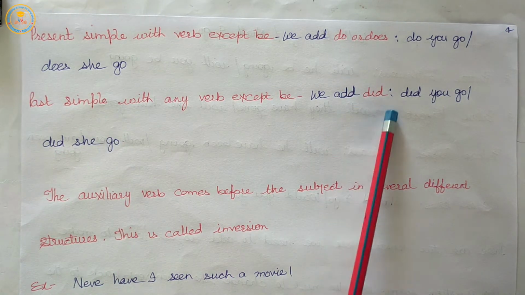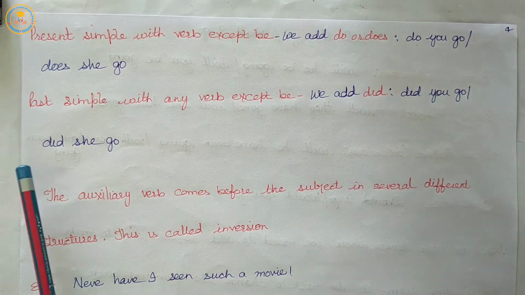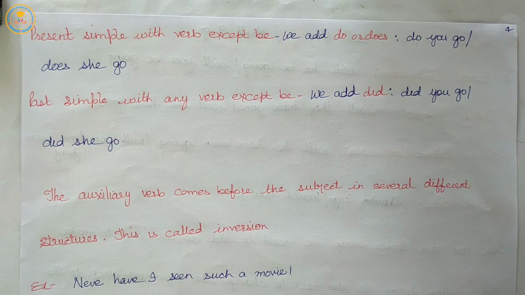And this is past simple tense. We will add did. Did you go? Did she go? So inversion is the verb before the subject. You can say subject plus verb or verb plus subject; that is common with the question form.